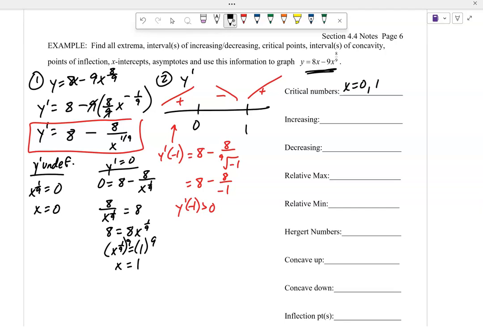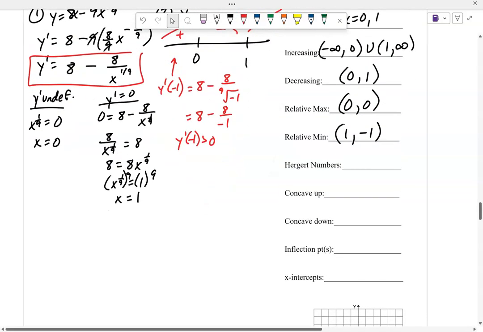We're increasing from -infinity up to 0, decreasing from 0 to 1, and from 1 on, we're increasing. Looks like we'll have a relative max at 0. Throw that into the original function, and it'll spit out 0. We have a relative min at 1. Throw that into the original function, and it'll spit out -1.